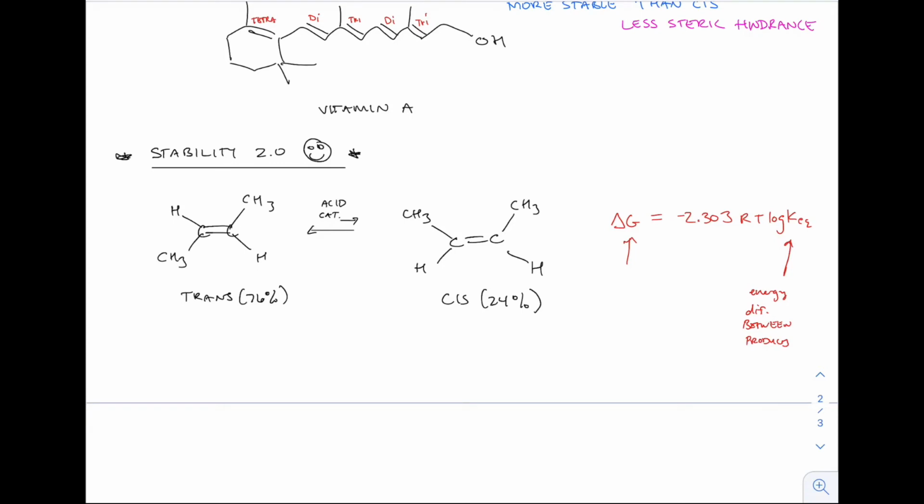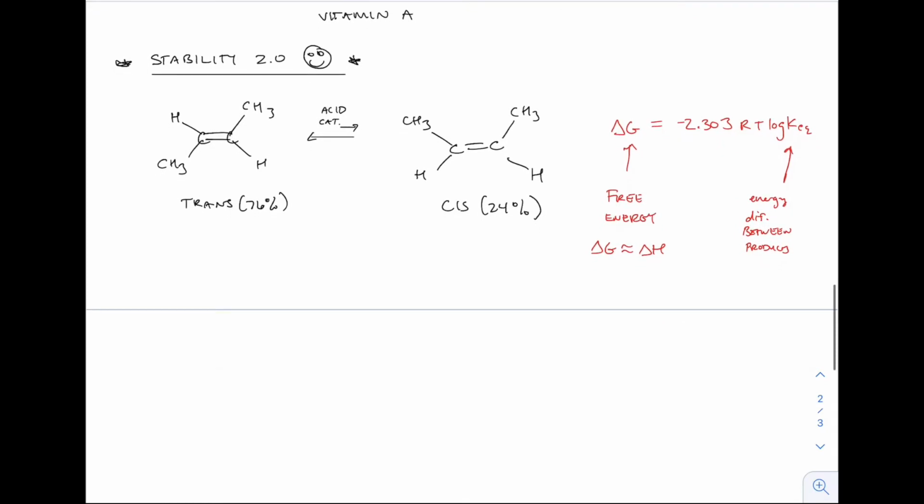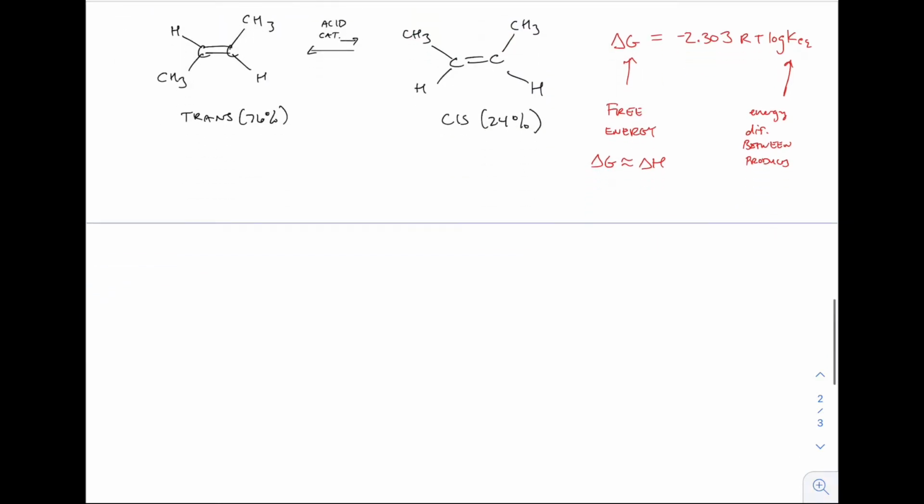And remember that delta G is the free energy, and free energy delta G is approximately equal to delta H, which is enthalpy. So this is telling us that the relative energies of the trans and the cis are directly related to delta G, which is related to Keq.